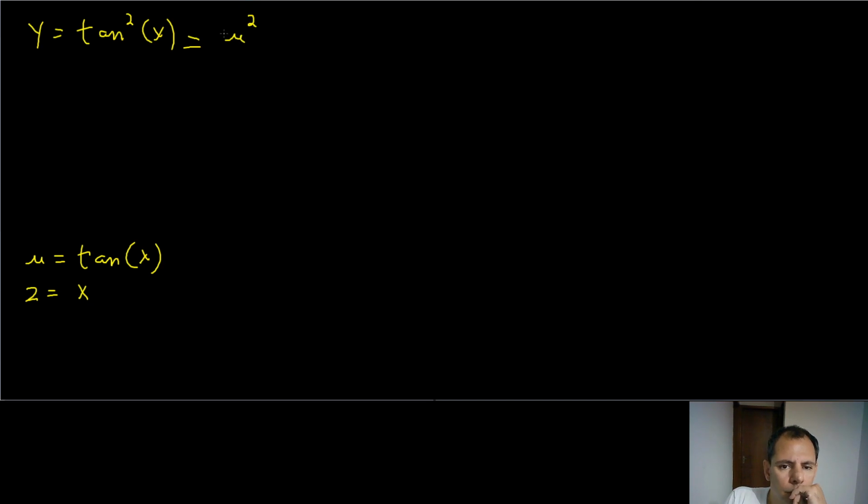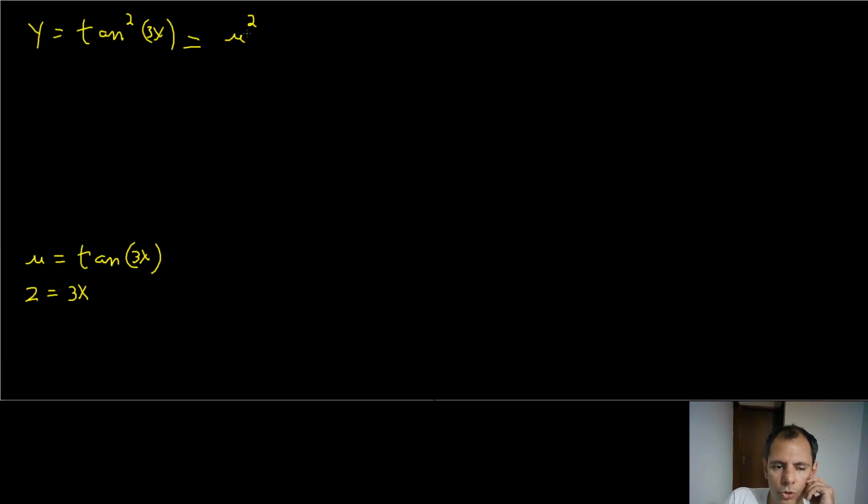It's because I already have an x in here. So just to have a point, I'm going to put a 3 here. So you put a 3 here and you got to put a 3 here. Okay, so u is the tangent of 3x, and you got the tangent of 3x in here.